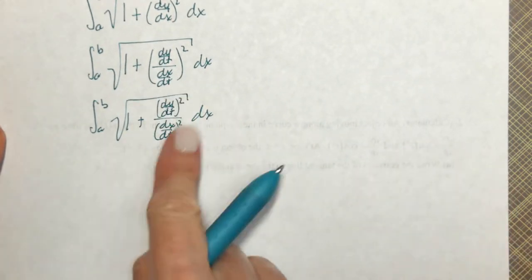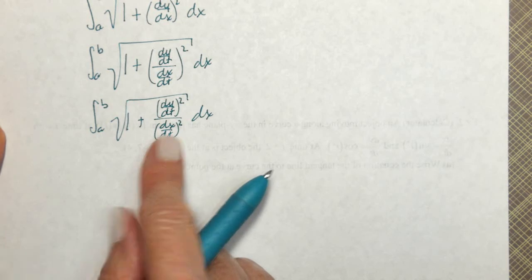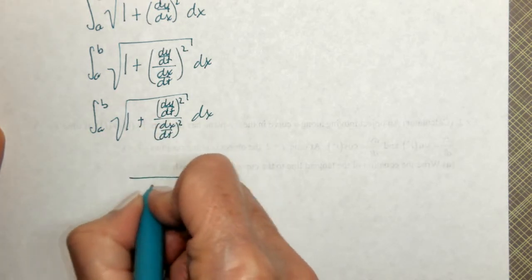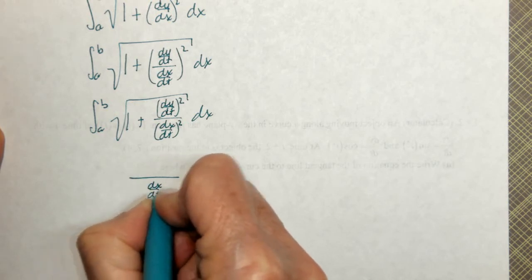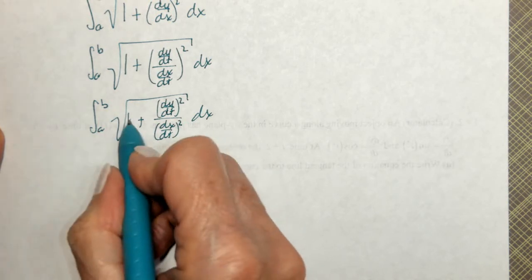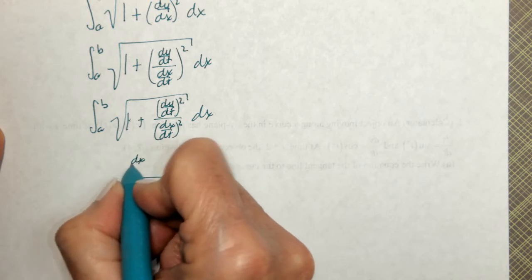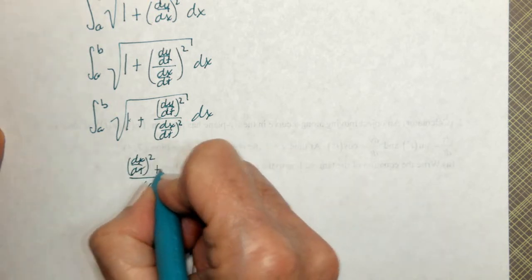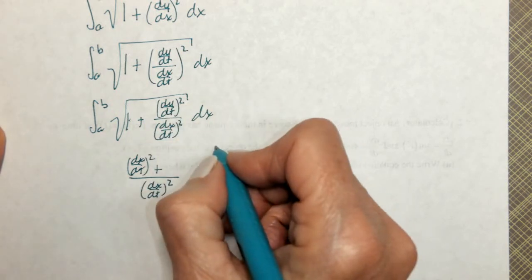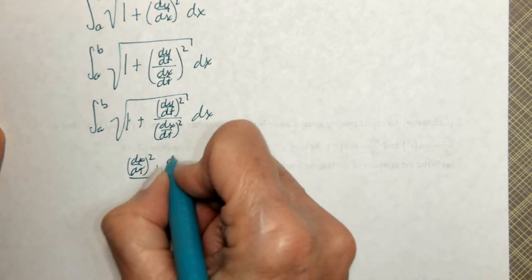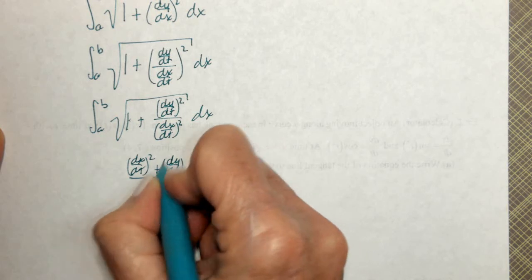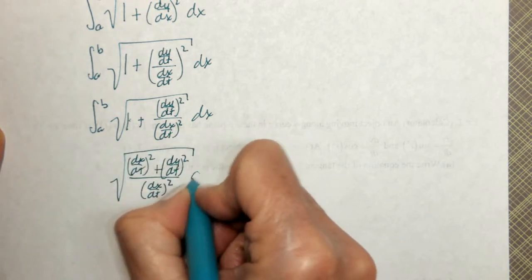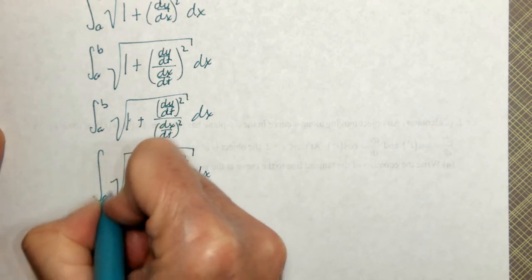Okay, inside the square root, I'm going to get a common denominator. My common denominator is the only denominator, (dx/dt) squared. 1 is (dx/dt) squared over (dx/dt) squared. (dy/dt) squared over (dx/dt) squared stays as it is. So I got a common denominator there. Copy down everything else.